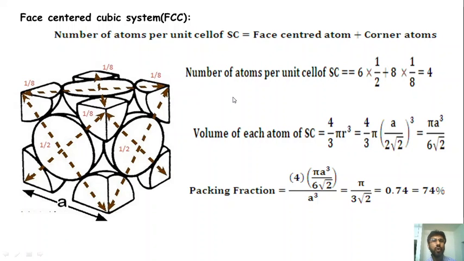So there are 4 atoms per unit cell in the FCC structure. By using the radius of an FCC structure, that is a divided by 2 root 2, and substituting these two values in this expression, we get the packing fraction equal to 0.74 or 74%.